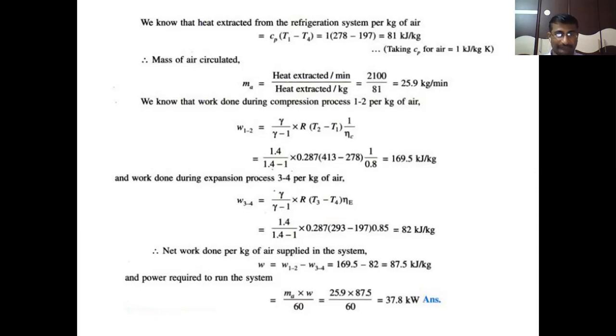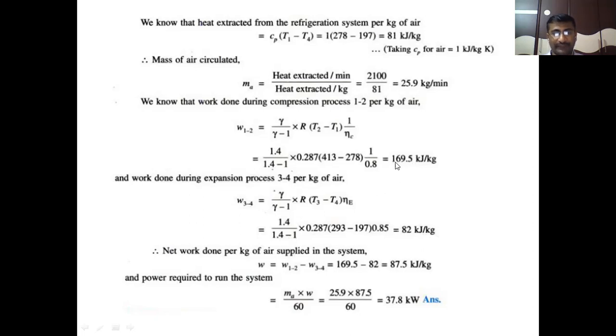Therefore, the work produced by the turbine is reduced due to the efficiency. 1.4 by (1.4 minus 1) into 0.287, (283 minus 197), into the turbine efficiency of 85%, 0.85. Due to this lower efficiency, the actual work produced will be somewhat less: 82 kilojoules per kg is the work produced by the turbine.